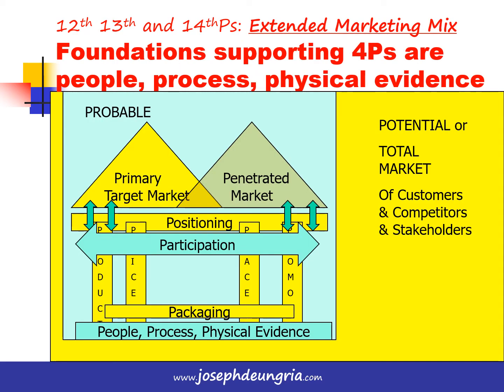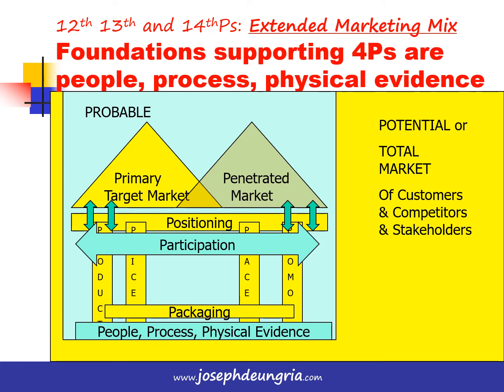Okay, now after participation comes the 3 Ps of the extended marketing mix. People, process, and physical evidence are like the foundations which allow the pillars or the 4 Ps to be supported. Okay, so the pillars by themselves, they may be wobbly, they may be difficult to stand on their own.